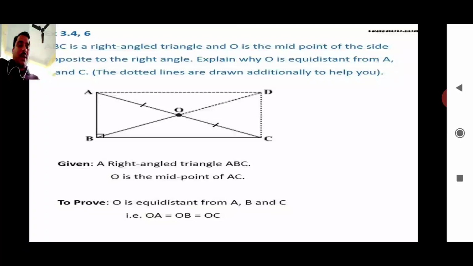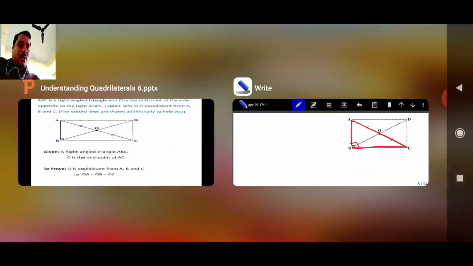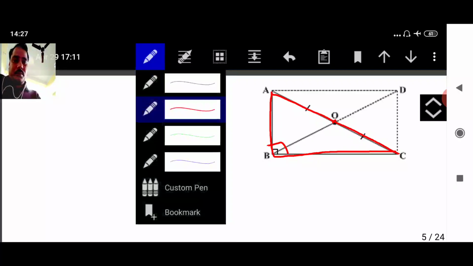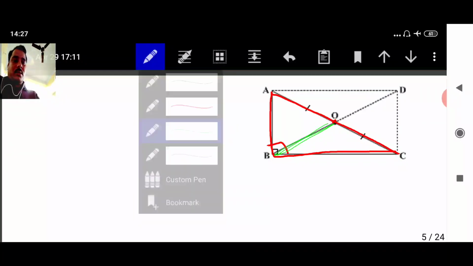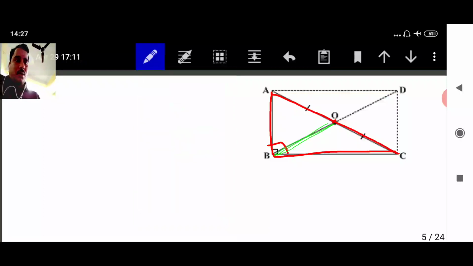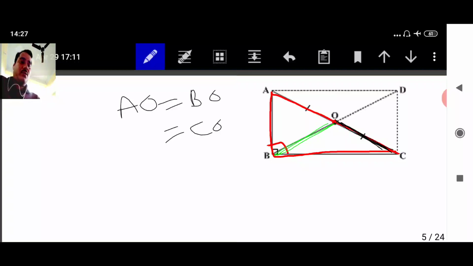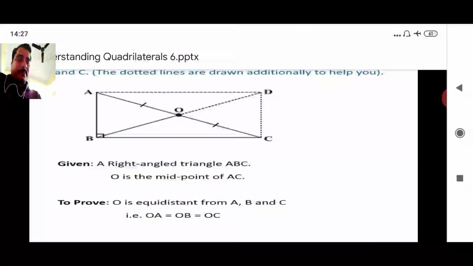O is equidistant from A, B and C, which means you have to prove that this line segment is equal to this line segment is equal to this line segment, that is AO equal to BO equal to CO. We have to prove this. So let's see here.